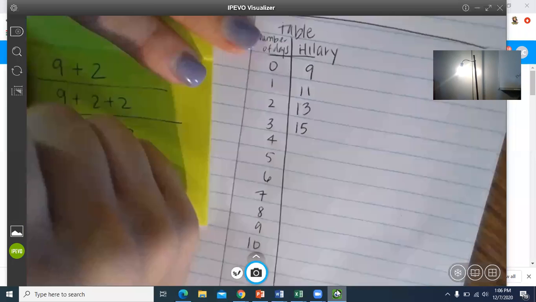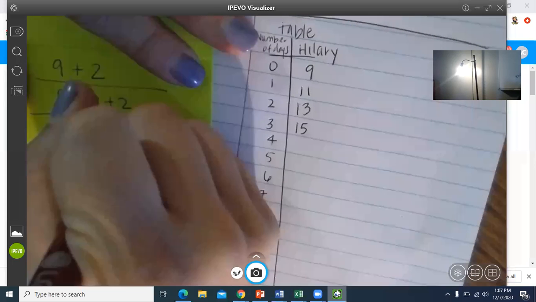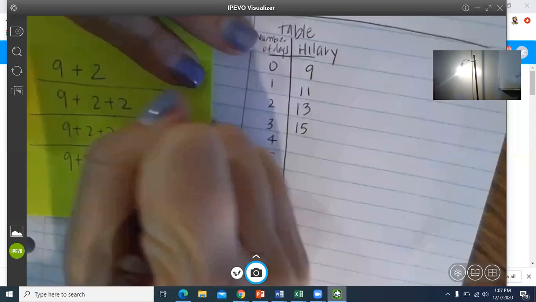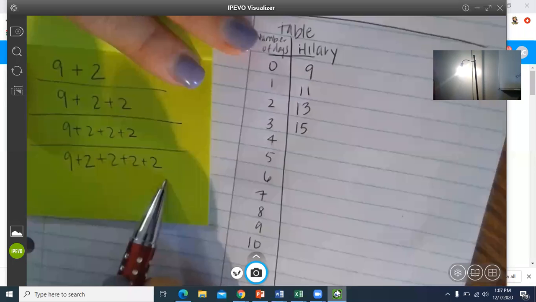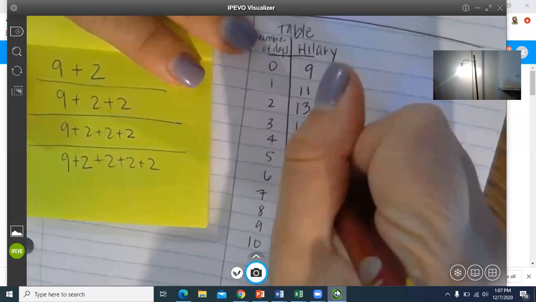All right, and then we continue this pattern. On the 4th day, we do plus 2 for all 4 days. 1, 2, 3, 4 days. So altogether it's 17.